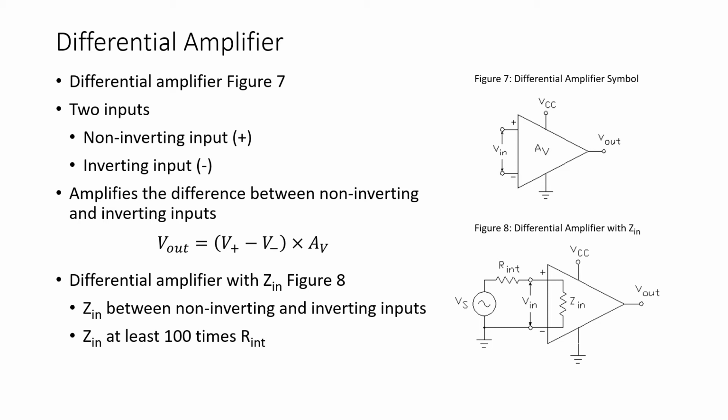Depending upon the value of Zn, when current flows through the circuit from Vs to ground, there'll be some voltage drop across R internal, and it's Vs minus this voltage drop that's actually amplified. So like with our single-ended input amplifier, we want Zn to be at least 100 times greater than R internal to reduce the voltage drop across R internal. We want Vn to be as close to Vs as possible.